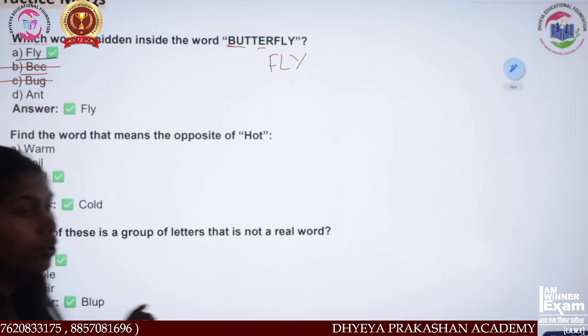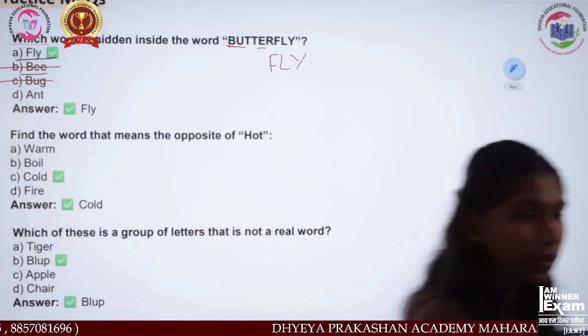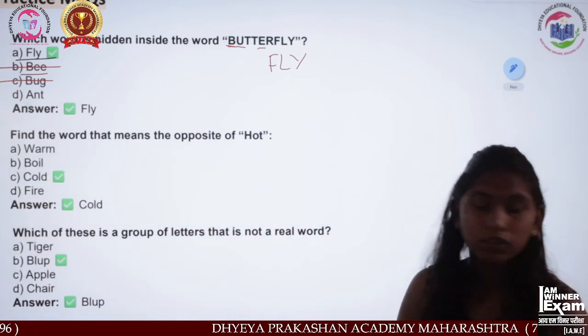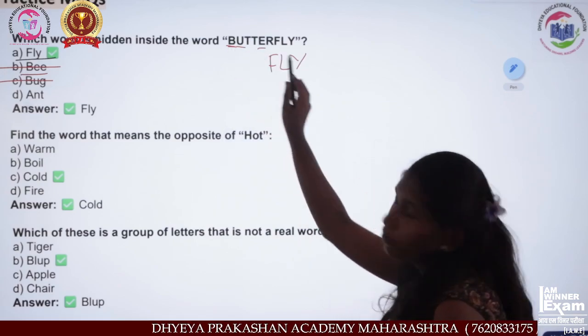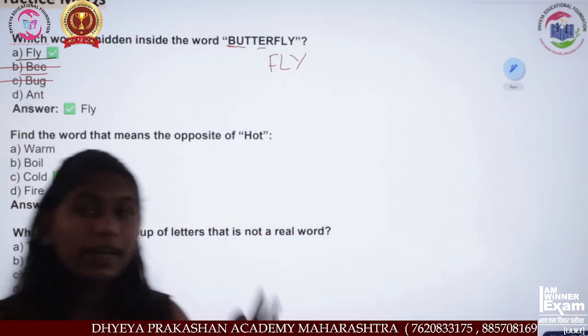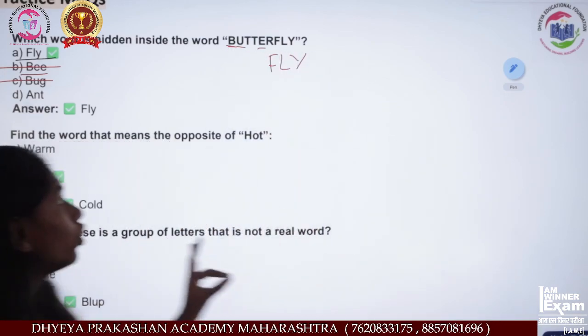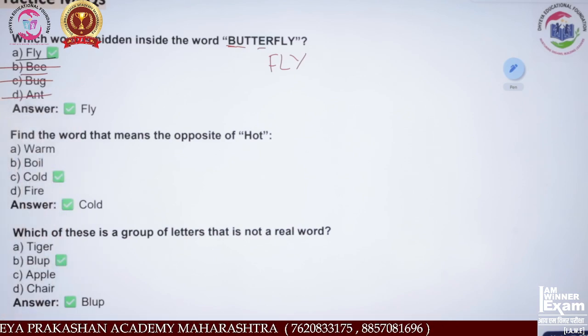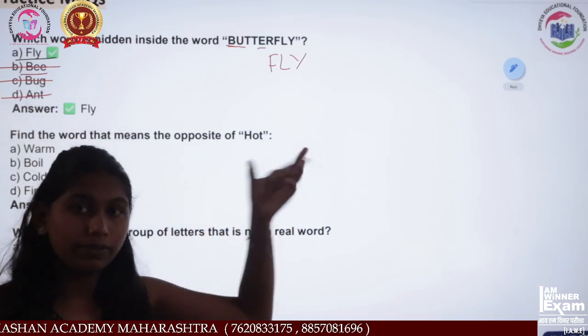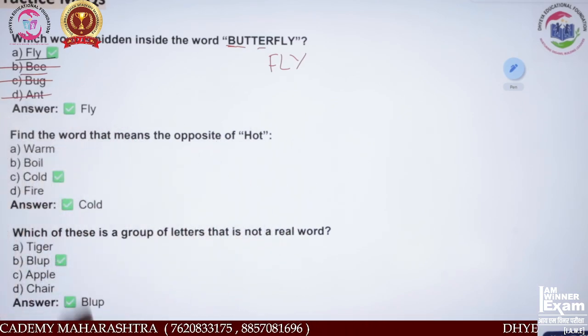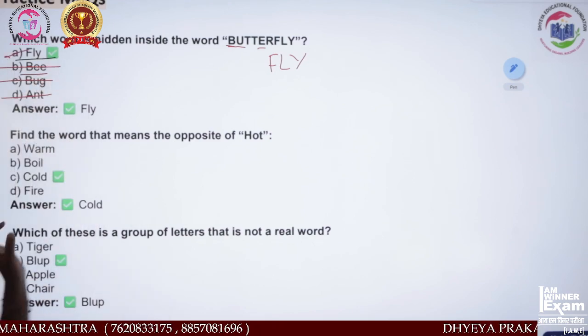Then the next word is ant. The letters of the word ant are not there, so ant can't be made from butterfly. So the correct option is A, fly.